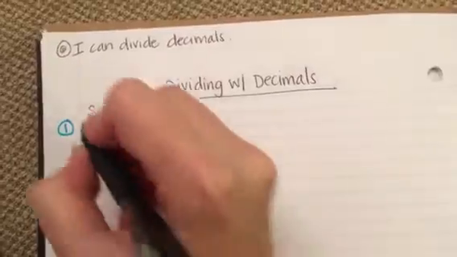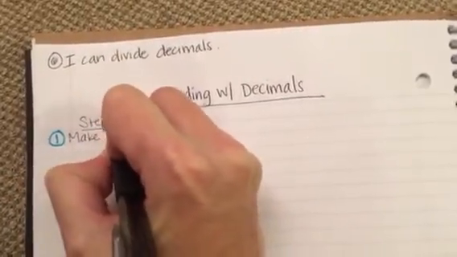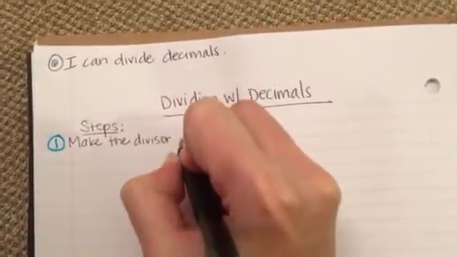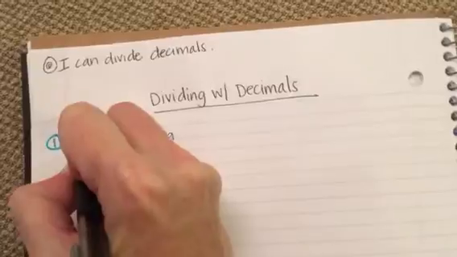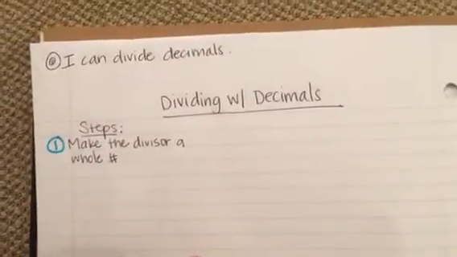The first step is that you are going to make the divisor a whole number, and it's okay to abbreviate.